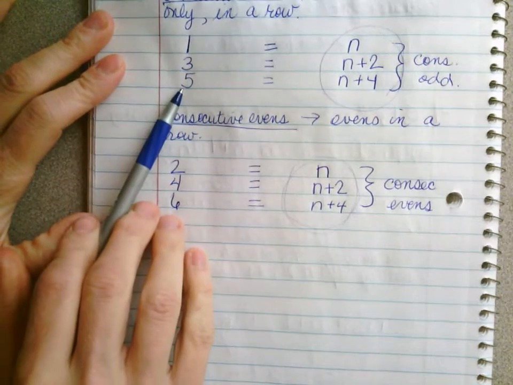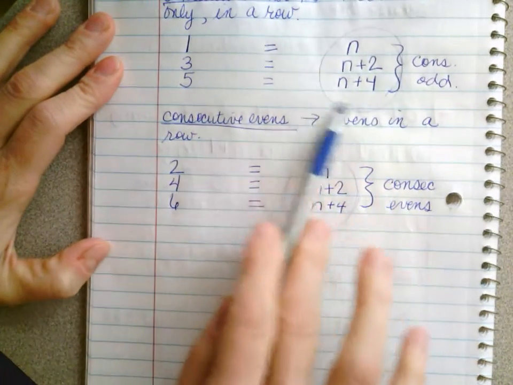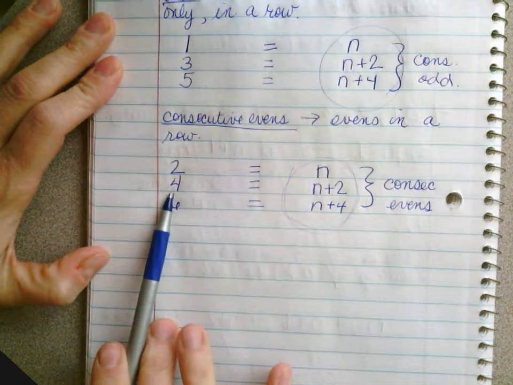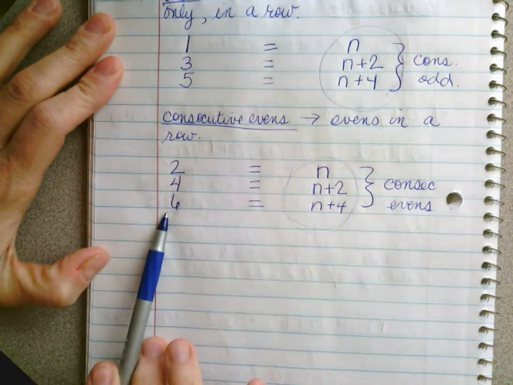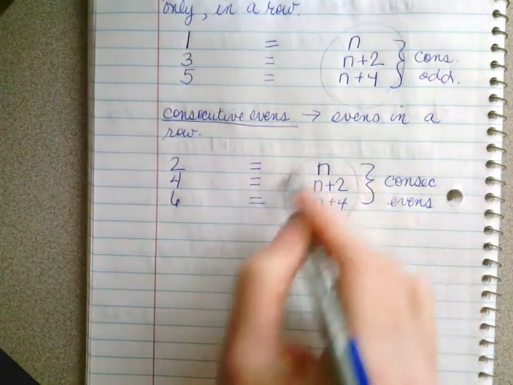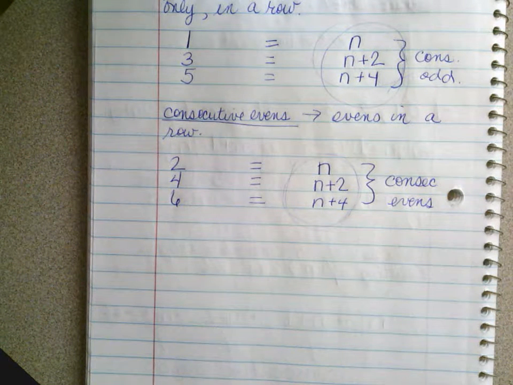If I add 2, I get to 5, keeping it odd. Consecutive odds. If I have a 2 and I add 2, it goes to a 4. If I add 4, it goes to a 6, keeping it even. Why does this pattern work for both? You would think that, well, you must add 1 and 3 and 5 to keep it odd. Well, the numbers don't work that way.